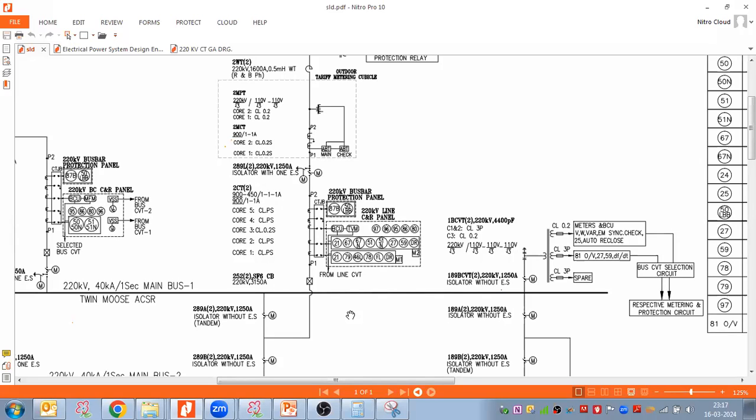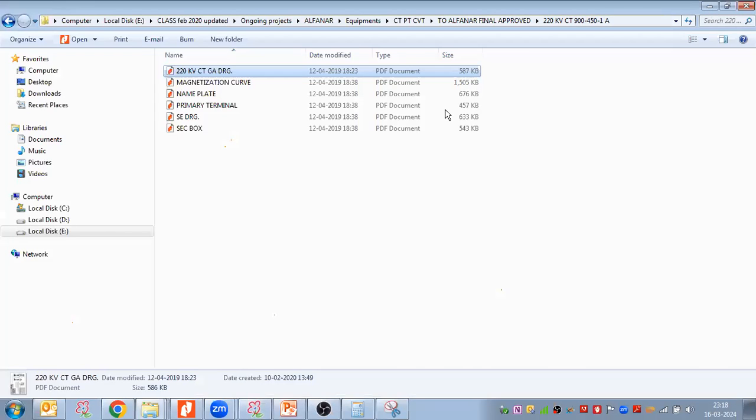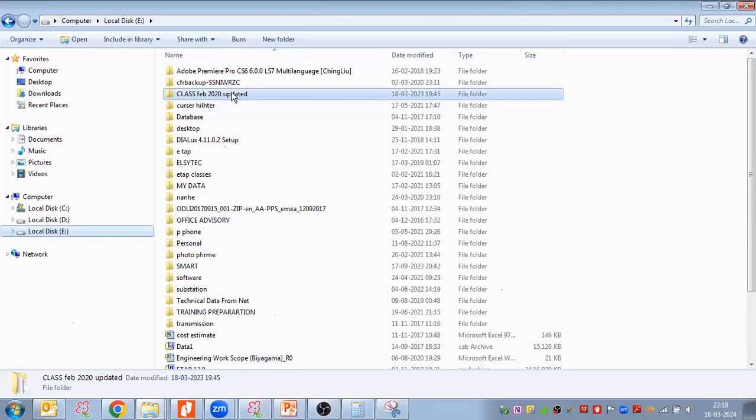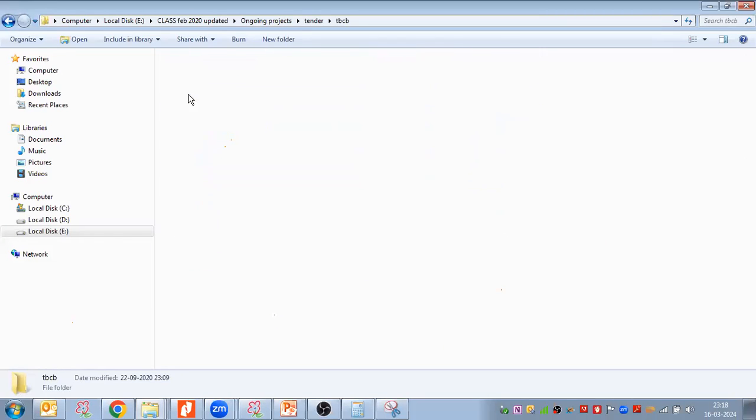But in the case of the one and a half breaker scheme, how can we define P1 and P2, because the bus is on both sides? Same concept. I'll show you.